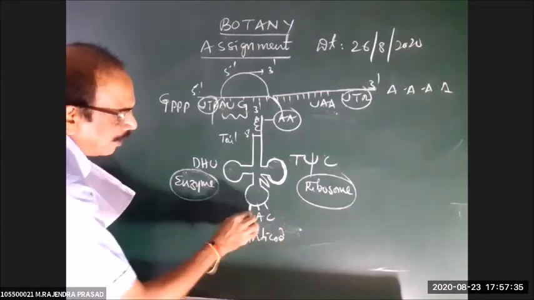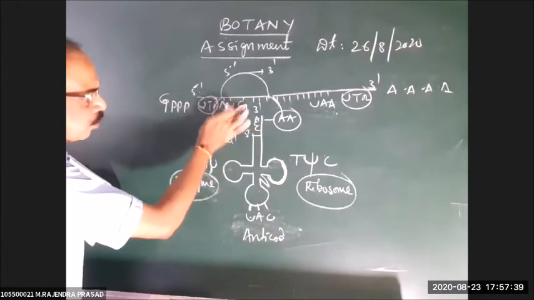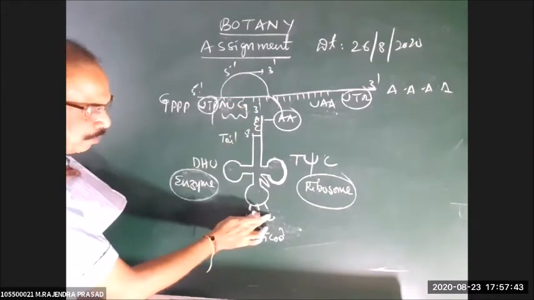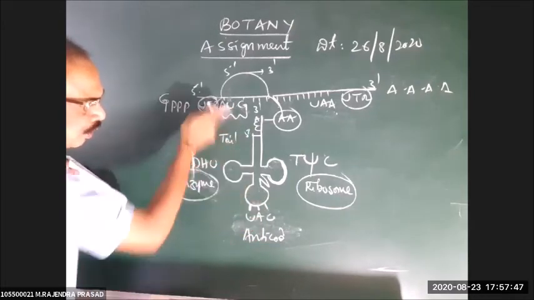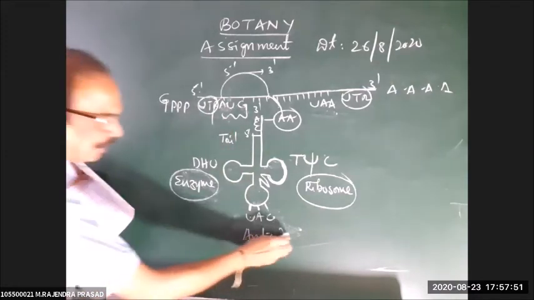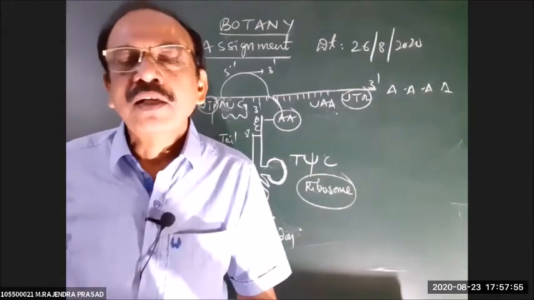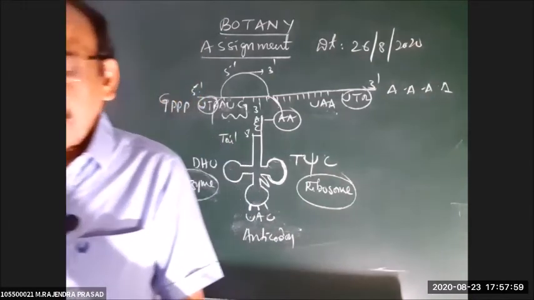If the anticodon contains UAC, the codon is AUG, the AUG codon present on the mRNA and the UAC anticodon present on the tRNA. During protein synthesis, complementary base pairing occurs between these two; hydrogen bonds are formed. So the right answer for this question is anticodon. Anticodons are present in tRNA, and codons are present on mRNA.